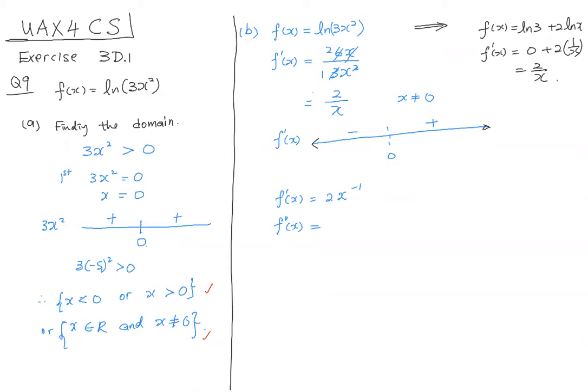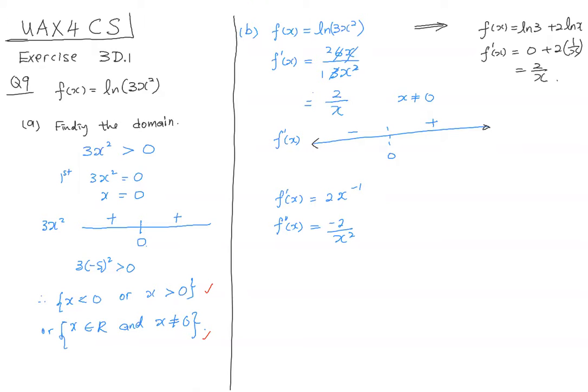Give me f double prime? Yes, hello. Can you hear me? Yeah, I can hear you now. F double prime? Negative 2 over x squared. Correct. So you multiply by the power and take away 1.